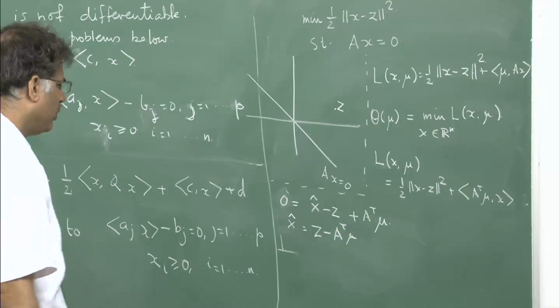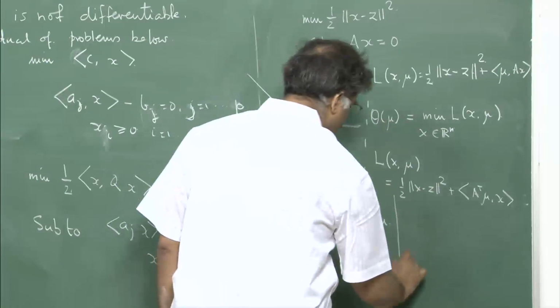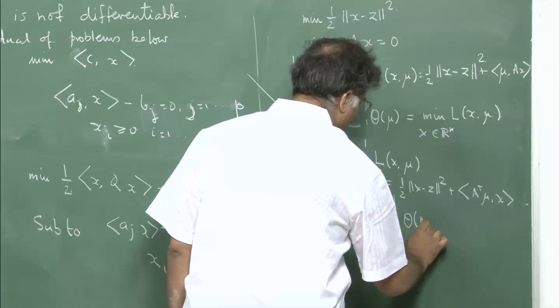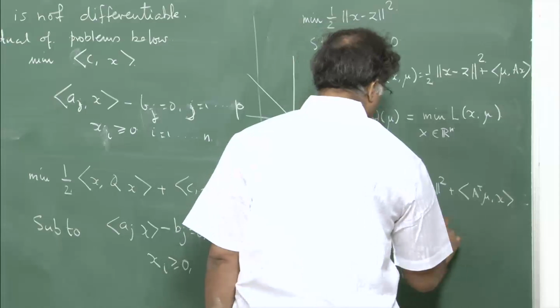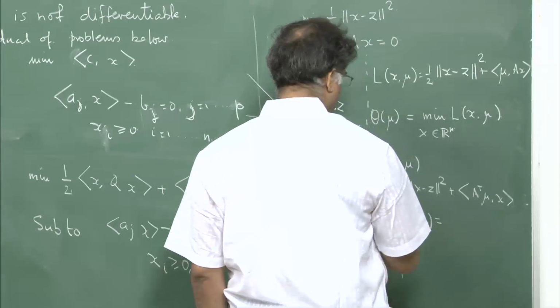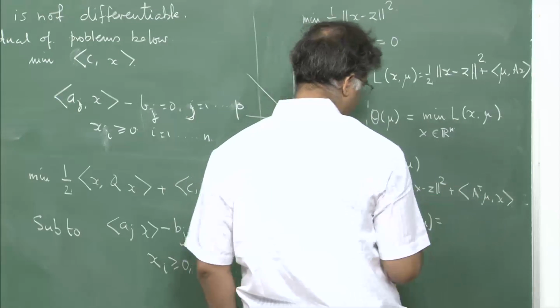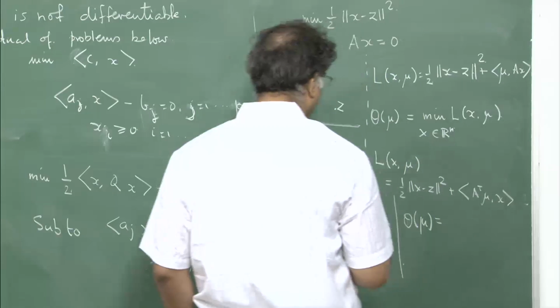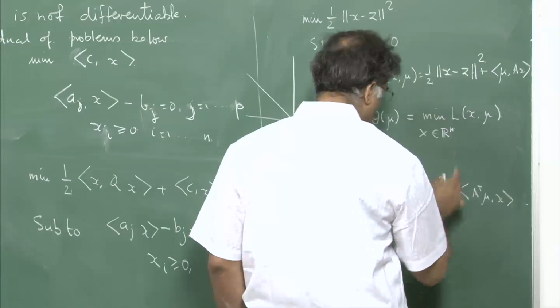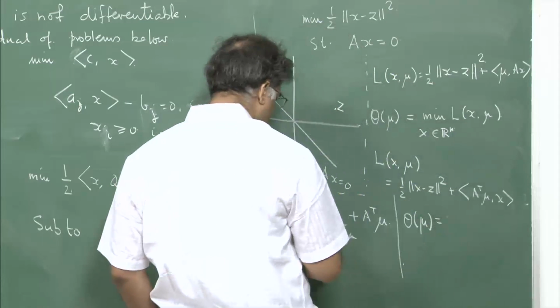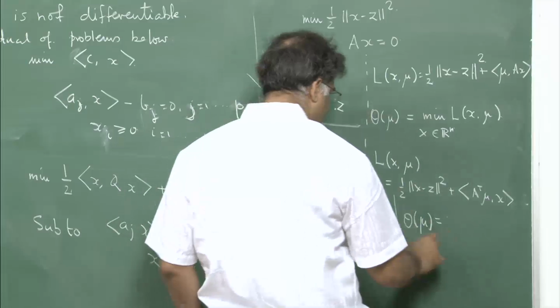So, my theta mu, because there is no lambda, theta mu is now the minimizer of this. So, how do I express that minimum? The minimum value is putting this in place of x.